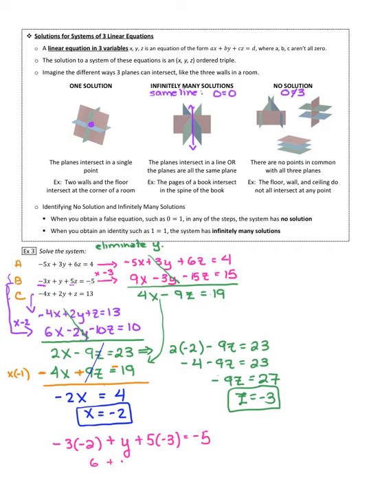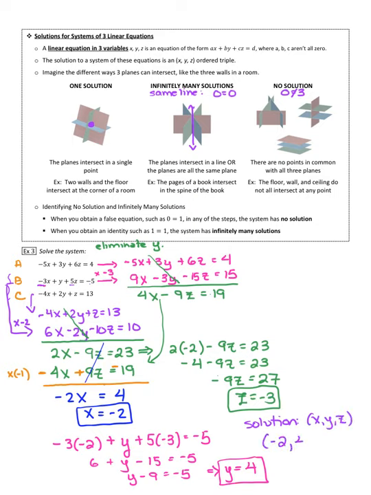So I have 6 plus y minus 15, and so y minus 9 equals negative 5. That's going to give me that y, when I add 9 to both sides, equals 4. And once again, you always want to write your solution as an ordered pair. So in 3 dimensions, it's x, then y, and now z. So it's going to be negative 2, 4, negative 3. Not the order you found it in, but x, y, z.